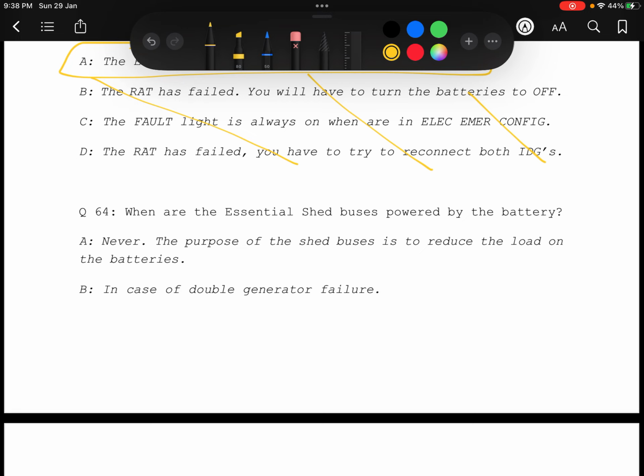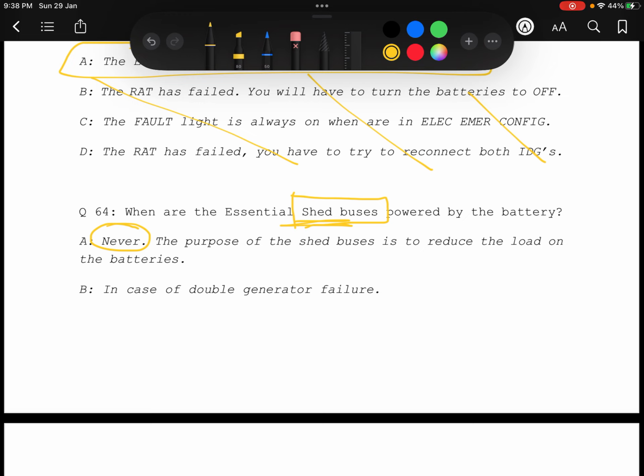When are the essential shed buses powered by the batteries? I don't think essential shed buses are ever powered by them, is it? Shed buses are the buses whose loads we can eliminate from the system.